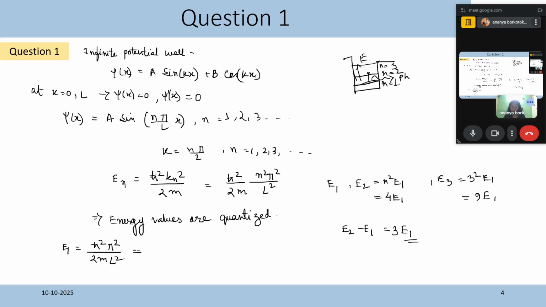So h is Planck's constant, 6.626 into 10 to the power minus 34.